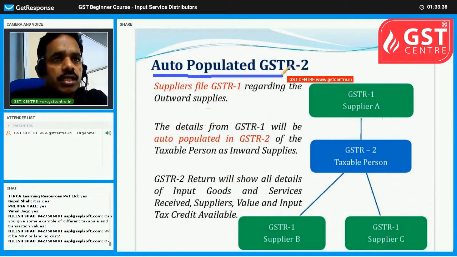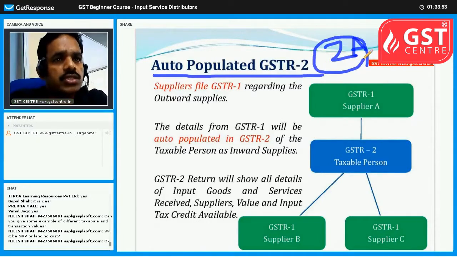So, the important thing is the GSTR 2, actually 2A. Okay. There are 2 returns, one is 2A and another is 2. This GSTR 2A is auto populated because suppose we have 3 suppliers.